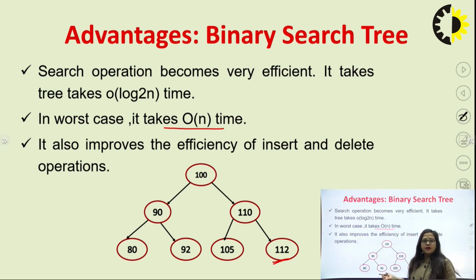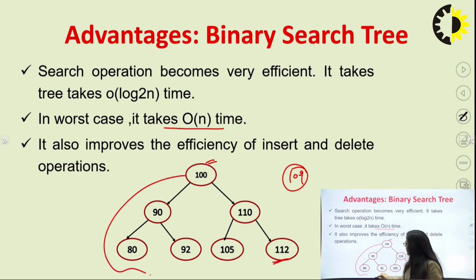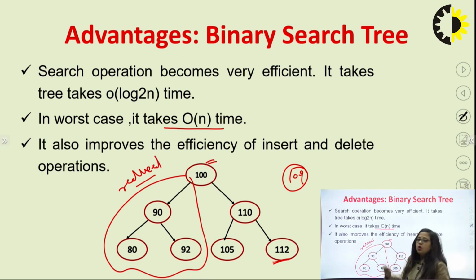If you want to insert, let's suppose 109, this element, then you check efficiency. What do we do here? First we check here whether it is equal, less than or greater than. If it is greater than, then move in this direction, and the other direction is totally reduced.